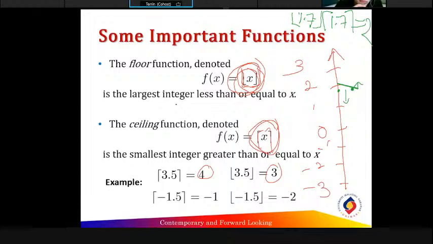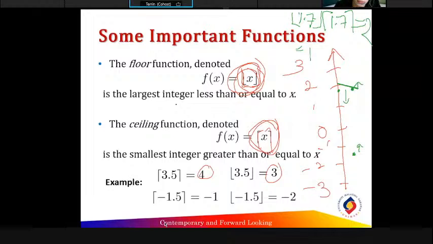For a negative number instead, let's say I choose a value here, minus 1.5. It's the same thing. The ceiling of negative 1.5, you rise up to the next integer, which is minus 1.